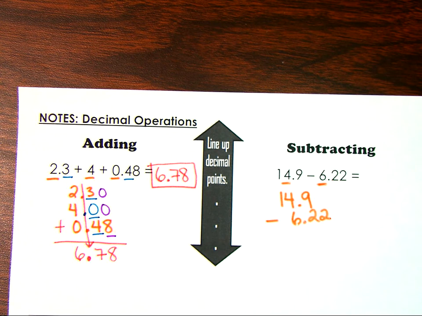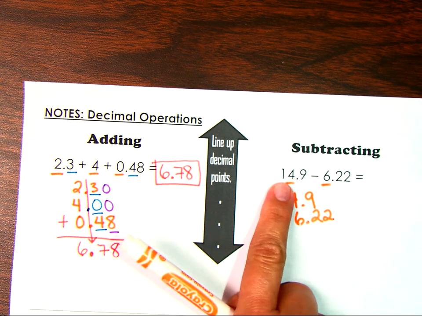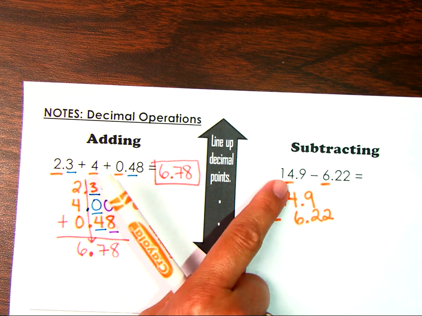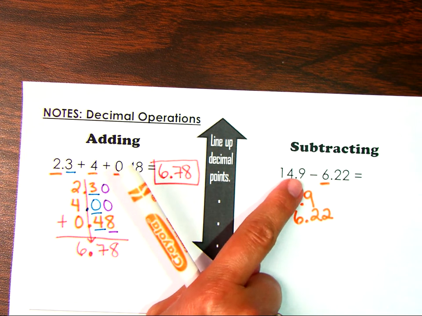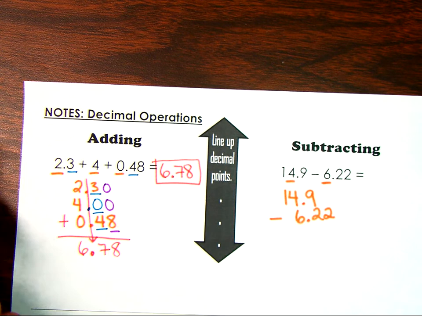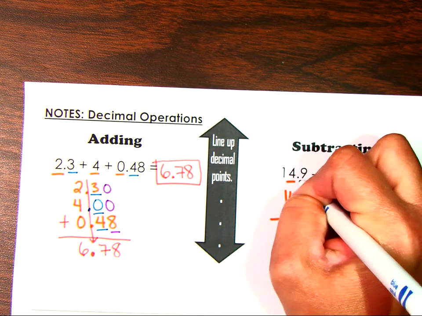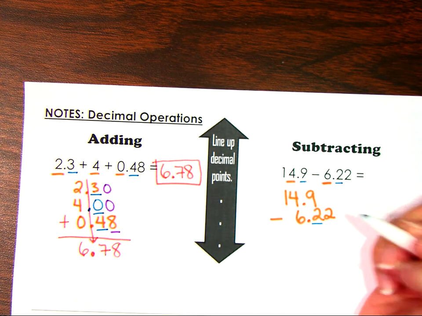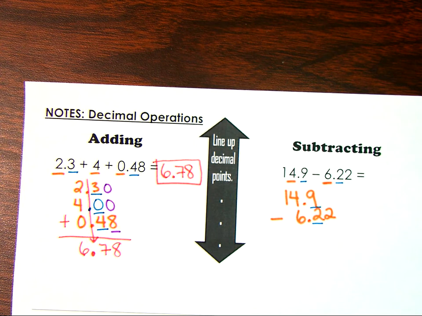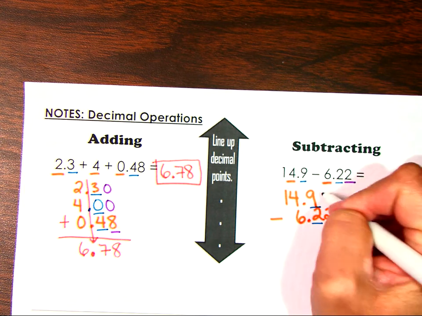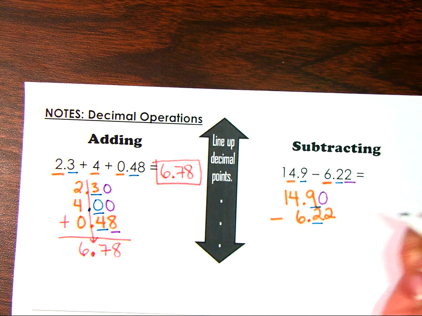So here again, because there was a 1 in the tens place, there was no number in the tens place here, we just need to line up our ones and our tenths, our place value. So here again, we have a 2 in the tenths place, a 9 in the tenths place, so that's why they're like that. And then that last digit, we have a 2 in the hundredths, but no number in the hundredths place there, so we can put a 0.